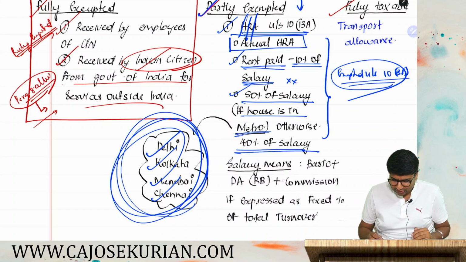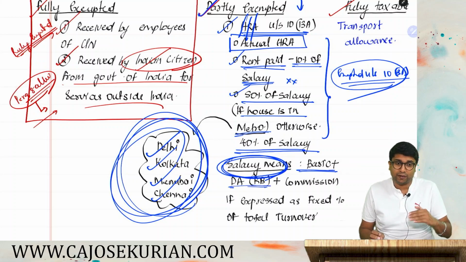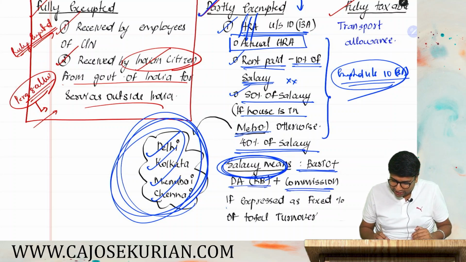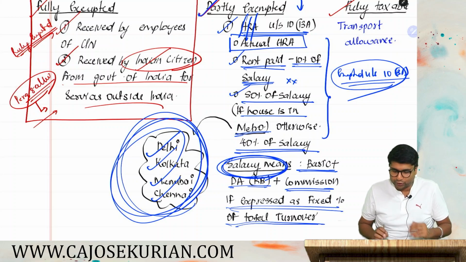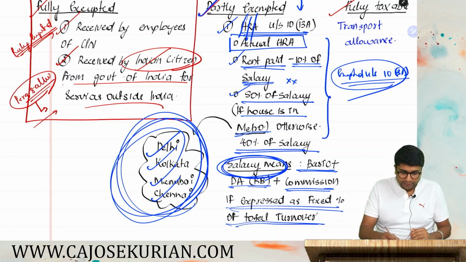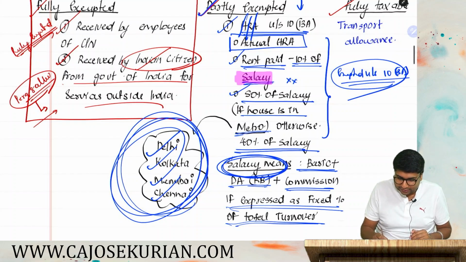Now, salary here, it does have a definition for the word salary. Salary here means basic salary plus DA if it forms part of the retirement benefit plus commission if it is expressed as a fixed percentage of your total turnover. So they are referring to the word salary in rent paid minus 10% of salary, or 50% of salary, or 40% of salary.